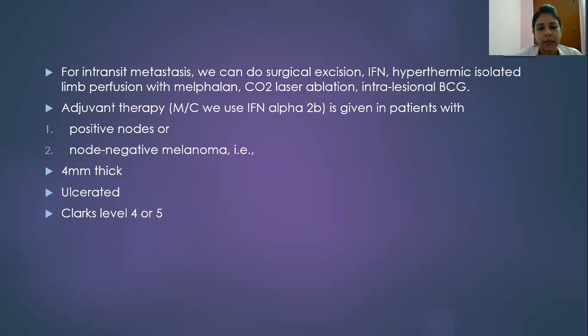Adjuvant therapy, like I said before, is given for patients who have positive lymph nodes, or who do not have lymph node involvement but their tumor is thick, like 4 mm thick, or it is ulcerated, or there is Clark's level 4 or 5 invasion, that is, the tumor is involving the deep dermis or subcutis. In this condition we do not check the lymph node status, because even if the node is negative, we should give adjuvant therapy.